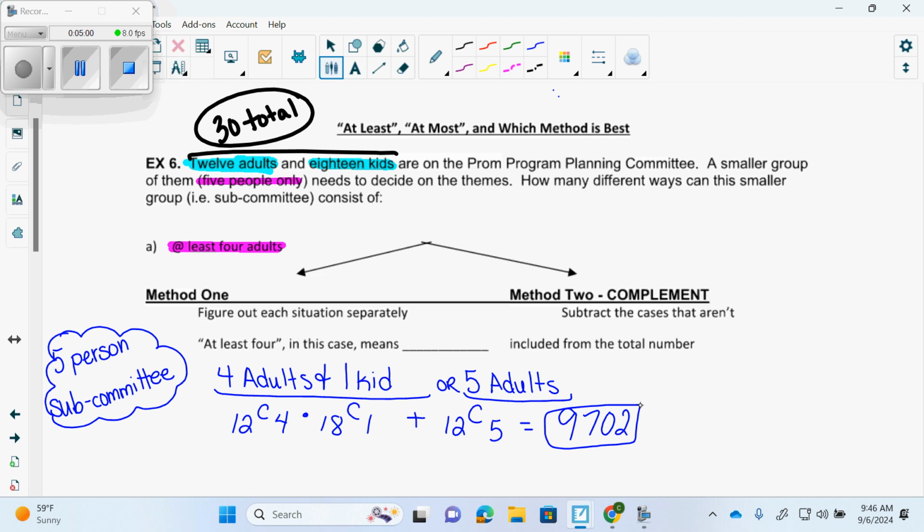We have to practice. Subcommittees. Okay, makes sense. 9,702. Everyone have that?